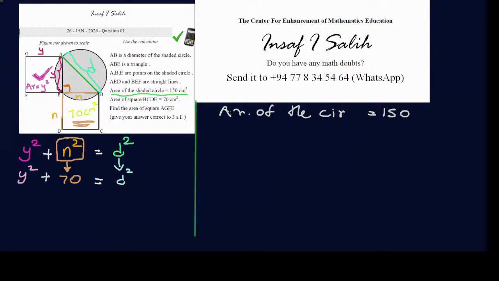What's the formula for the area of the circle? That's pi r squared. So pi r squared is 150. How do we find r squared? R squared is 150 divided by pi.